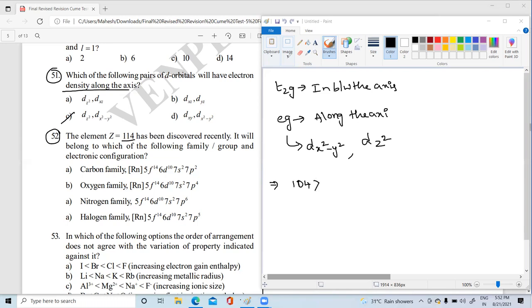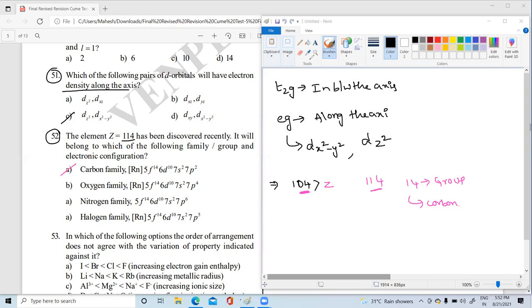Then the last 2 digits are its group number. For 114, the last 2 digits are 14. So it belongs to the 14th group. The 14th group, as we know very well, is the carbon family. So the answer should be A, students.